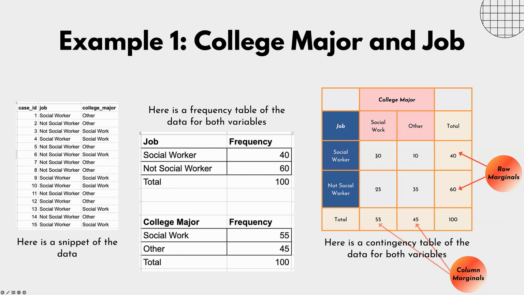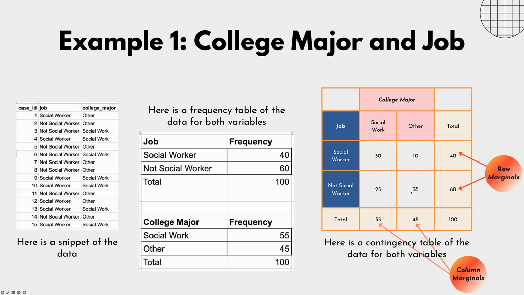So we say we have 30 people who were a college major in social work who actually work as a social worker. We have 25 who were in social work as a college major but aren't working as social workers. So 5 fewer people are working in social work. Next, we have people who didn't have a social work major working as a social worker currently, and that's 10 people.